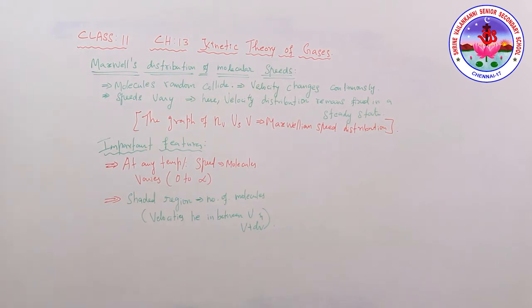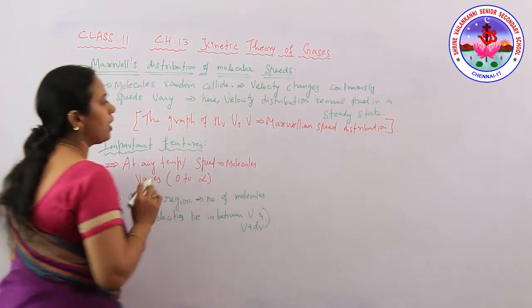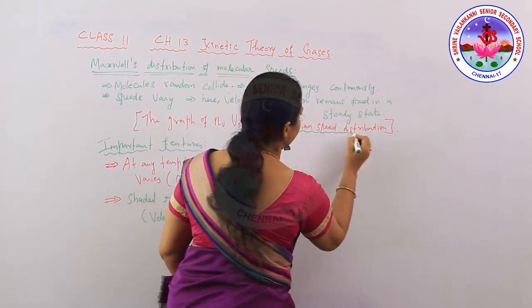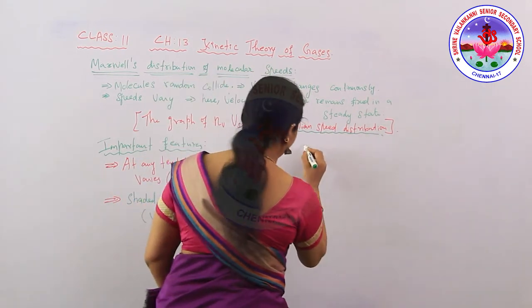So the graph we are going to draw is the graph of N V versus the velocity. That is the Maxwellian speed distribution curve, right?